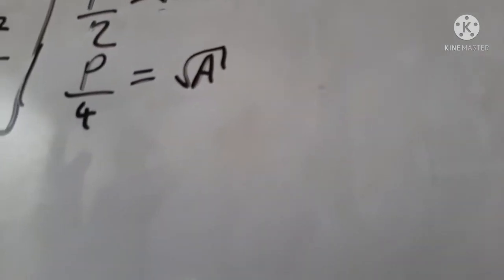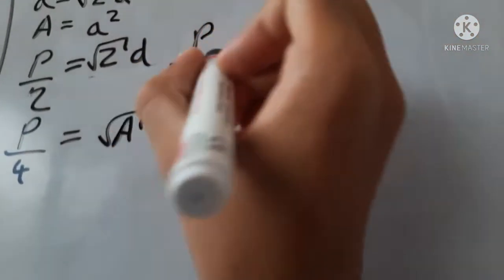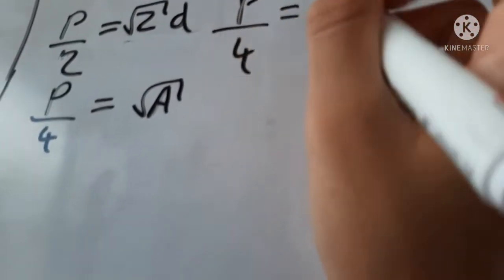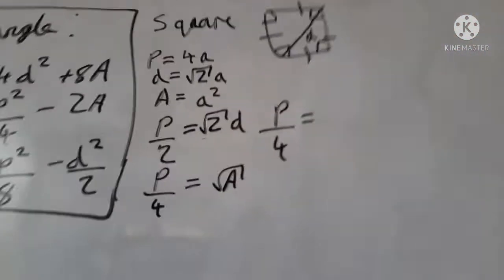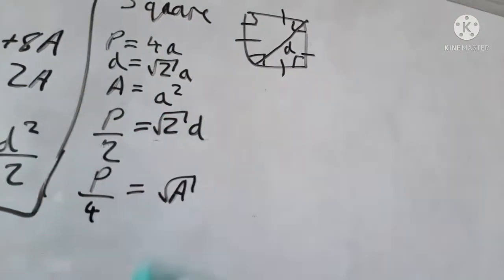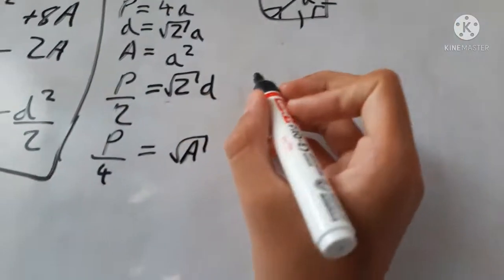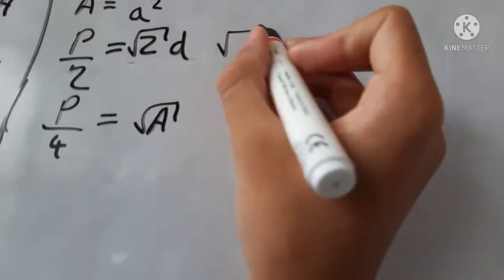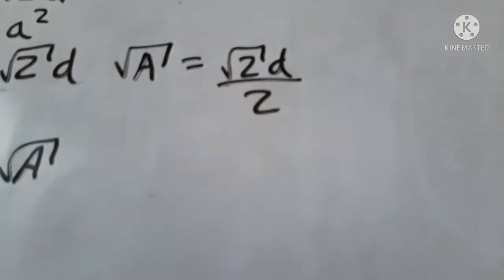Now we know that p over 4 is root 2 over 2 times d, so the square root of a is root 2 d over 2.